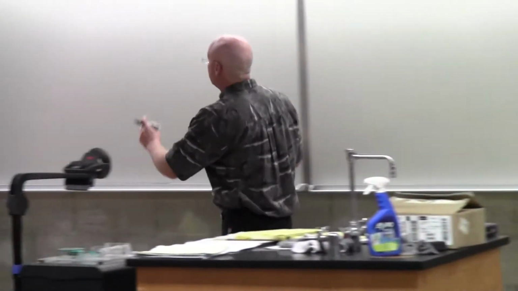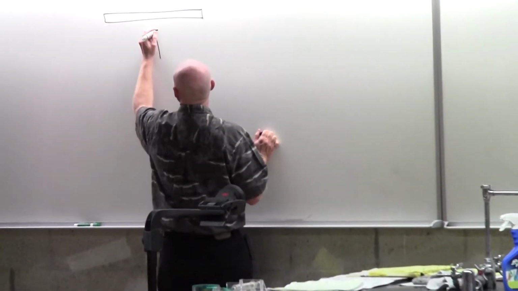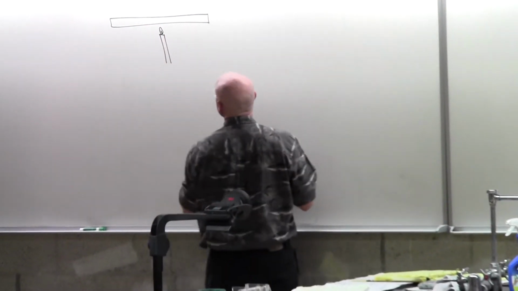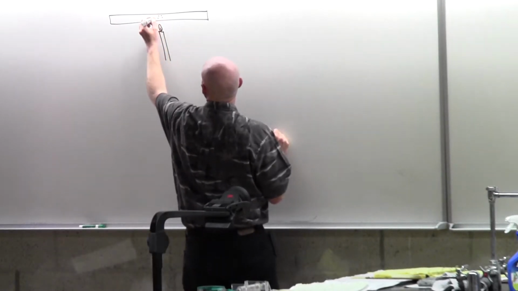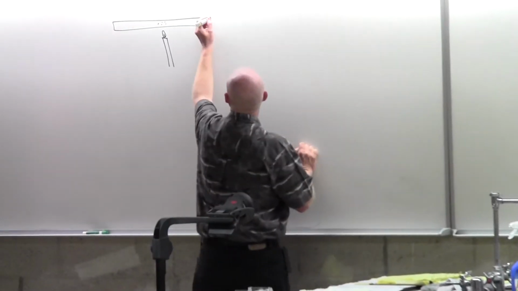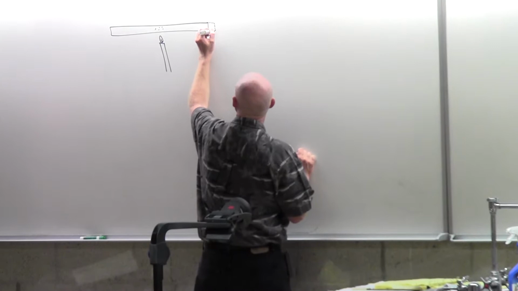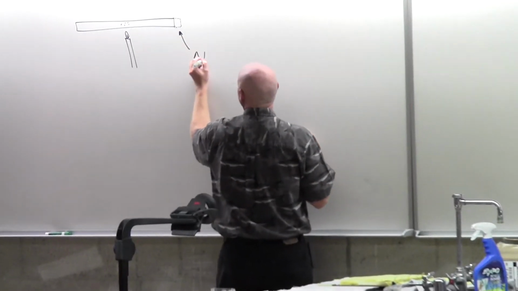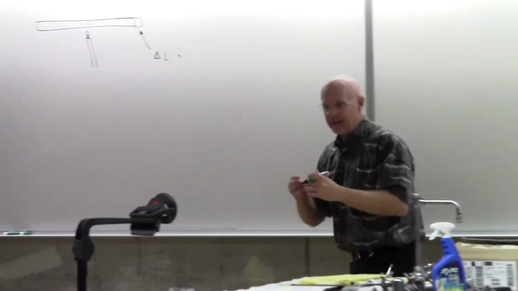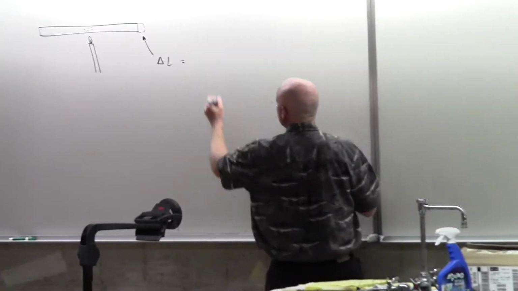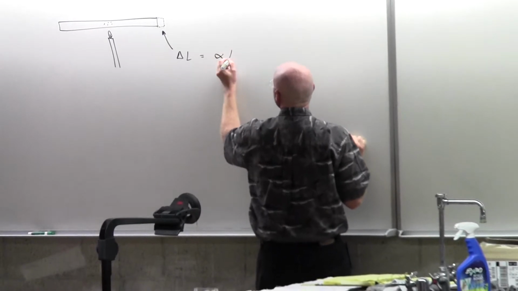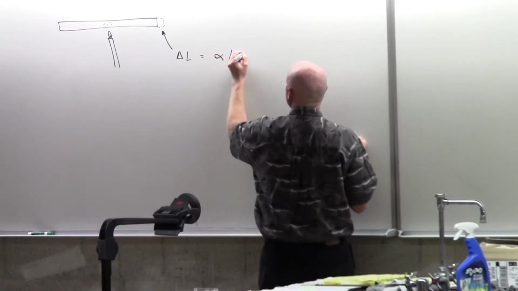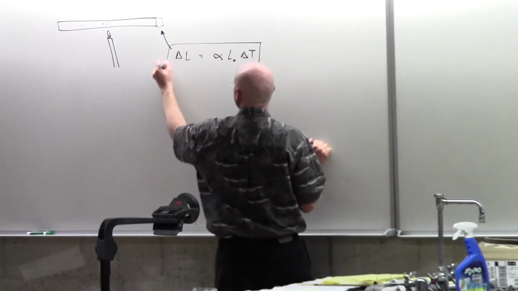What we left off with was the idea that if you took this rod and heated it, the molecules inside would go faster and faster, and they would bump harder and harder, and they would need room. So they would get a little bit longer, and we would say there would be a delta L. We said that how much bigger it got was equal to some proportionality constant times the original length times the change in temperature.